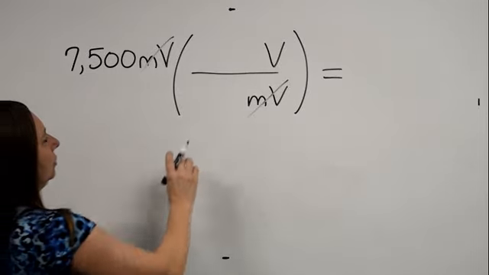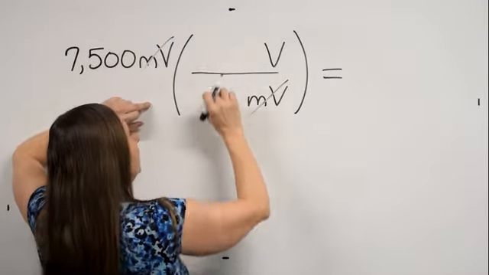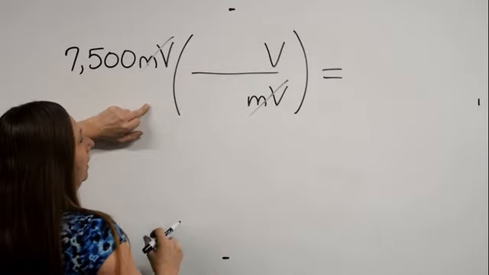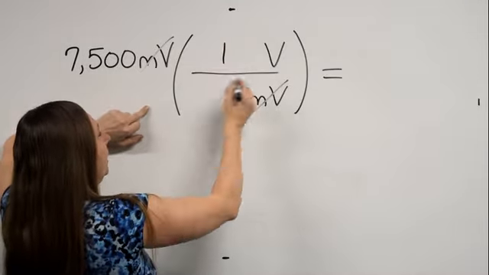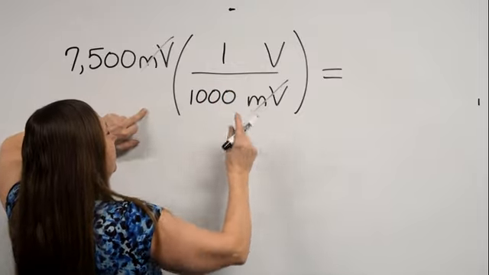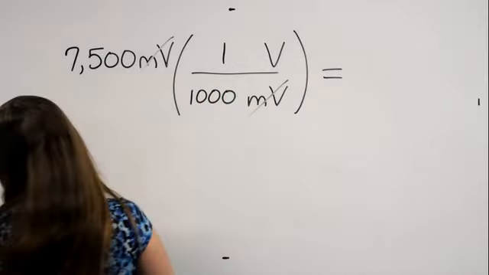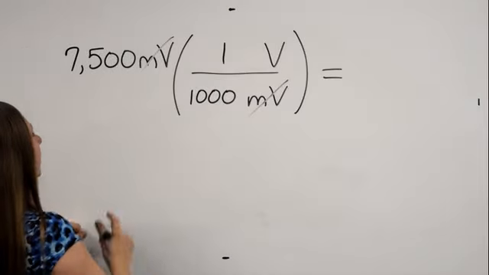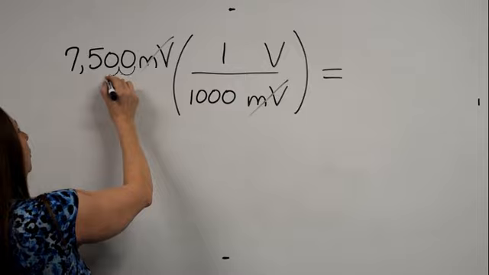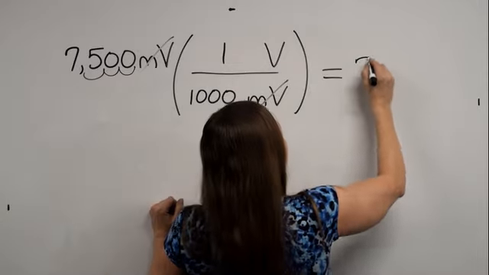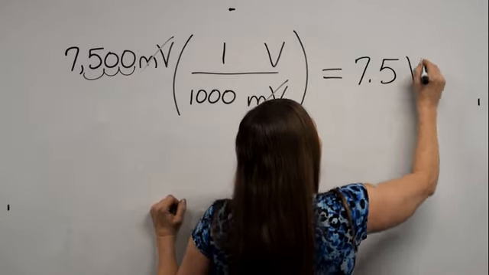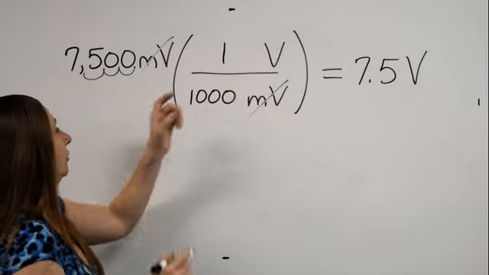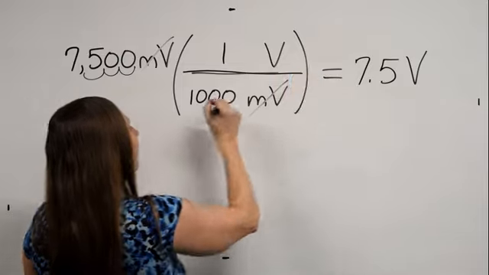So we need to put in here that these need to equal each other. The numerator must equal the denominator. So you could put 1 volt equals 1,000 millivolts. Okay, so we take the 7,500, divide it by 1,000. So really you could just move the decimal 1, 2, 3 places, and we're going to get 7.5 volts. Or you can pick up your calculator, 7,500 divided by 1,000.